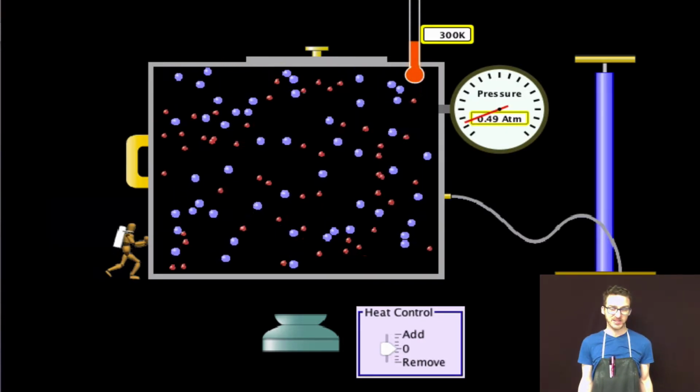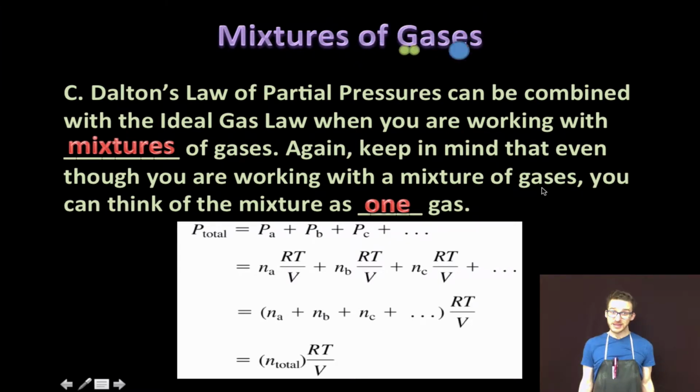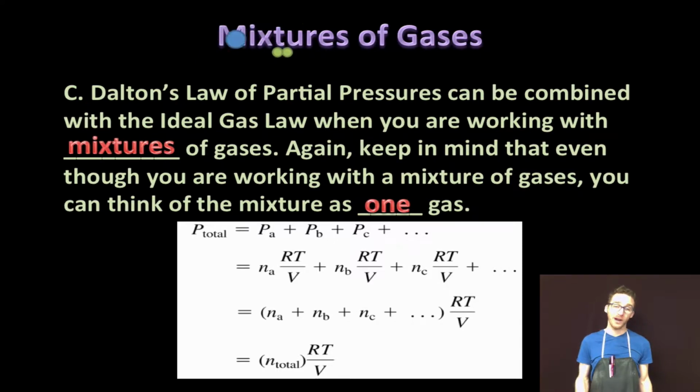What that means for us is we're going to crank it up a notch and take Dalton's law of partial pressures and combine it with the ideal gas law when we're working with mixtures of gases. Again, keep in mind that even though we're working with a mixture of gases, you can treat it as one gas.